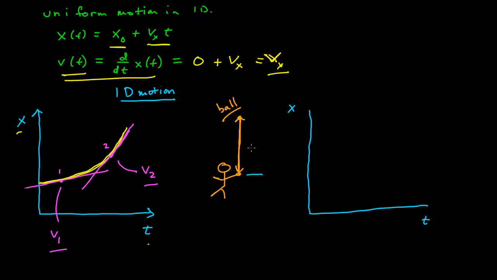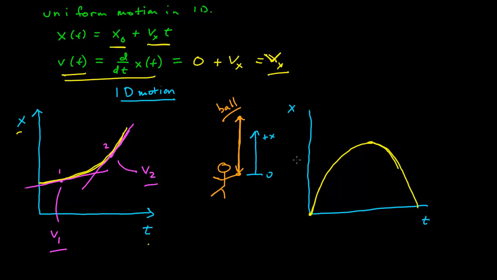If we say this is 0 where it leaves, I want positive x going up, and so the ball starts at 0, and it starts with a large velocity, and it slows until the velocity becomes 0. Position gets to its peak, and then the ball comes back down. This is where you catch it.